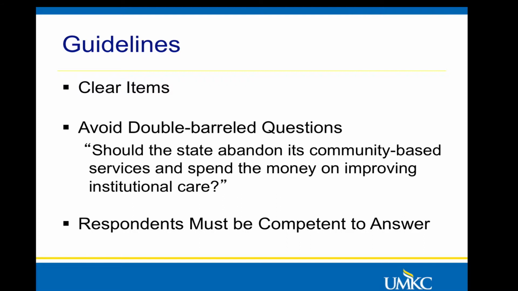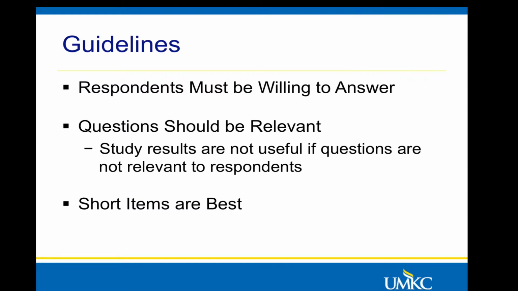Further, they may be in disagreement about abandoning the community-based services and believe the state should spend more money on improving institutional care. Of course, if you are asking someone who is not familiar with community-based services or institutional care, then they may not be competent to answer. You may have to provide them with some information in order to make them competent.